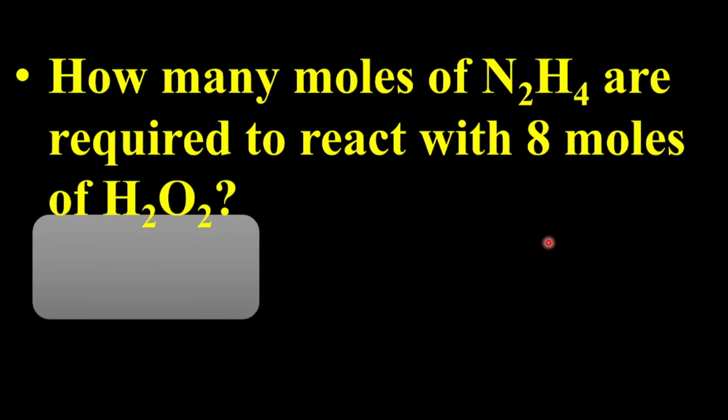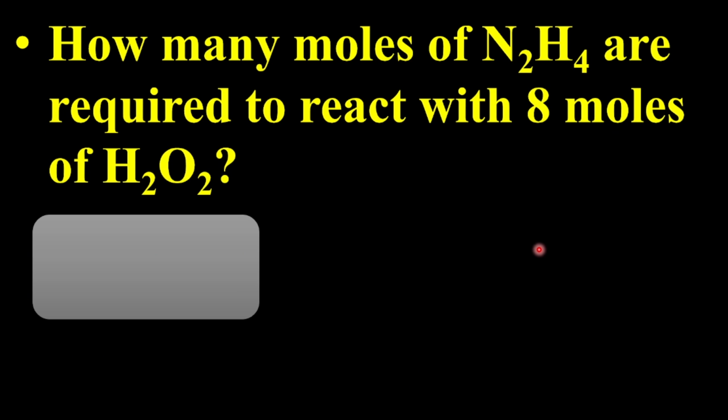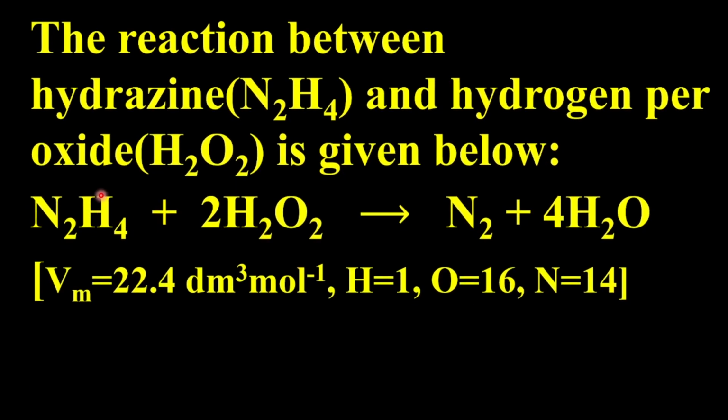Now let's start with the first question. The question reads, how many moles of N2H4 are required to react with 8 moles of H2O2? When you go back to the equation, the question is talking about this N2H4, then this one.